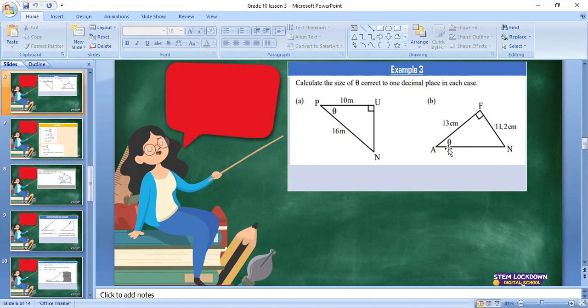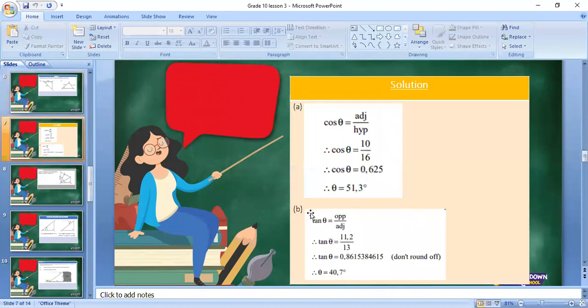The opposite is 11,2 divided by 13 centimeters. So tan theta equals 11,2 over 13.